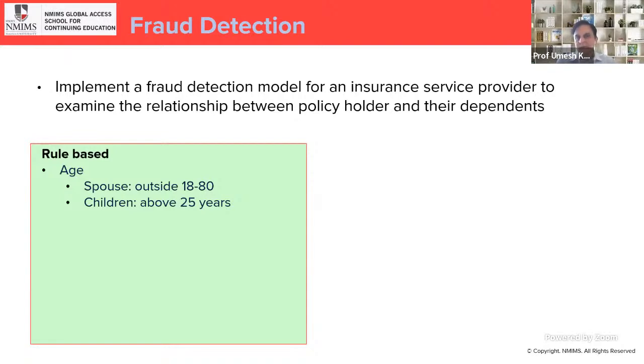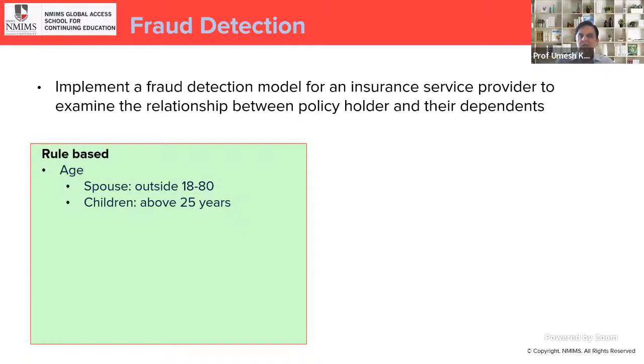If you can meet a claim of the spouse within 18 to 80 years of age, then obviously anything outside that becomes an outlier. Similarly, the age of the child who's claiming for the parent, if it's about 25 years, then please flag it as a red alert.